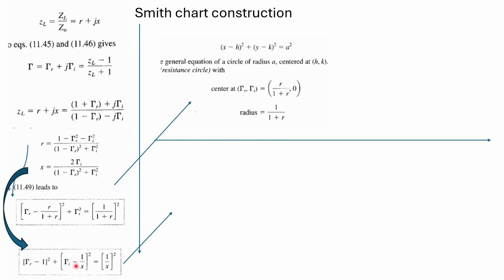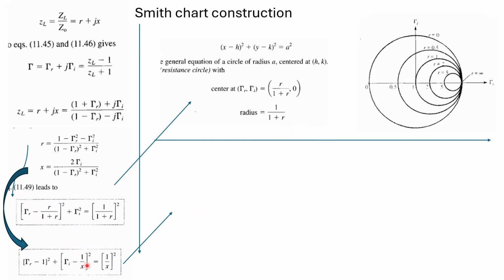Similarly, for the imaginary part we can find the equation. But before that, if you plot these equations, since they are circles, you will get these types of circles. The outermost is for r equal to 0. How can we construct it?